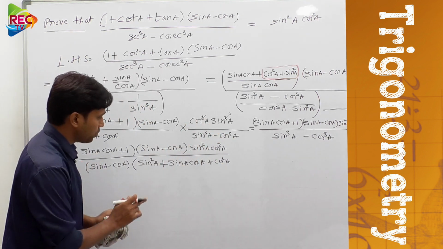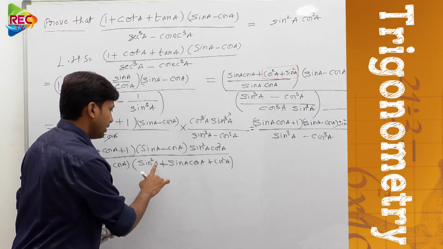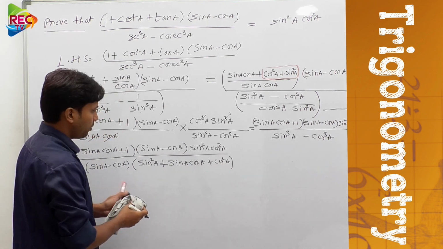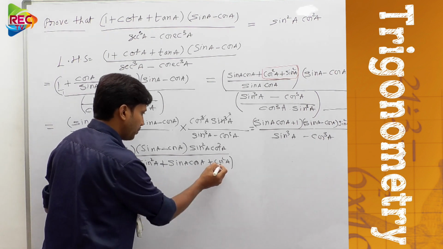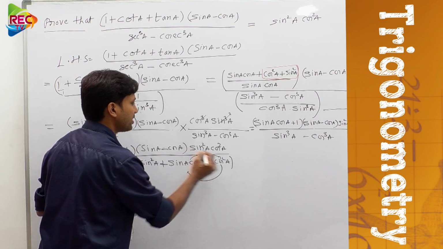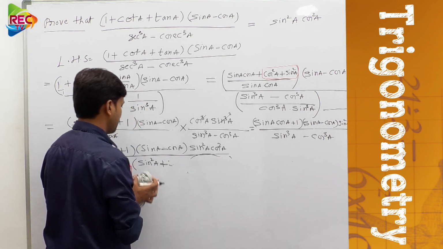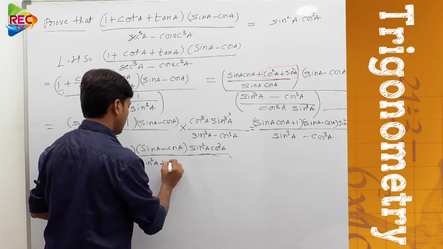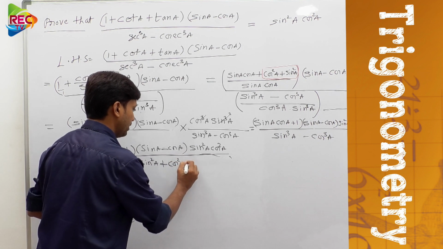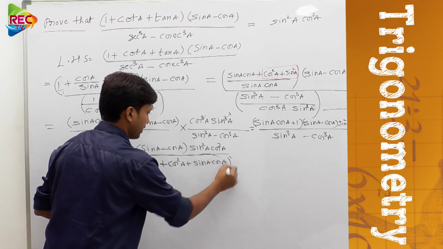I want to do some small rearrangement here. See here, this is sin square a plus sin a cos a plus cos square a. So now I am changing the position: I want to put cos square a here and sin a cos a there. Let me write it like this: sin square a plus cos square a plus sin a cos a.